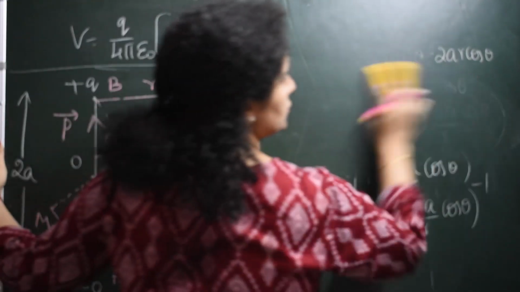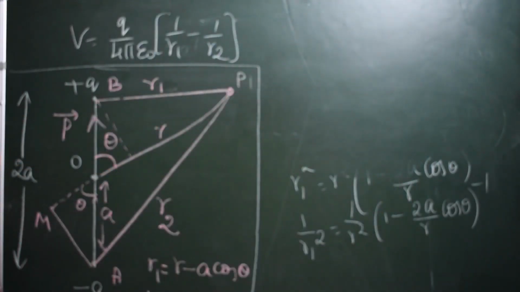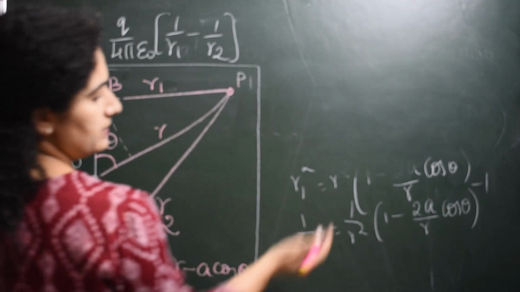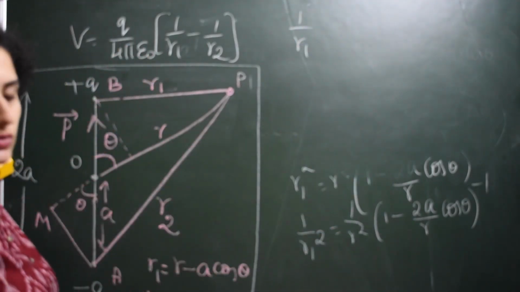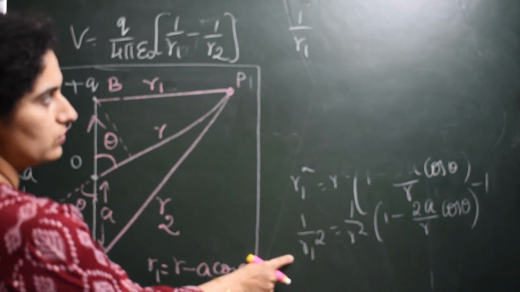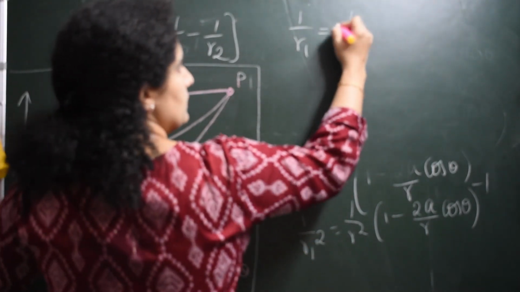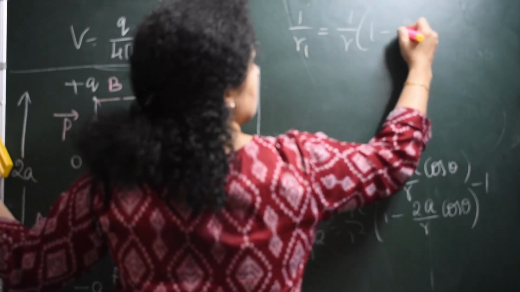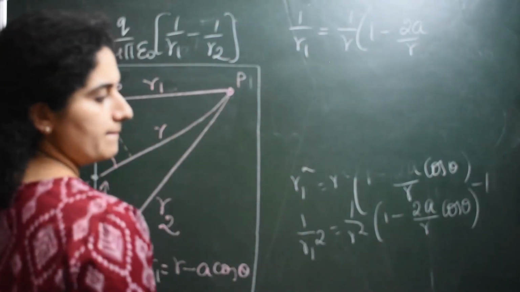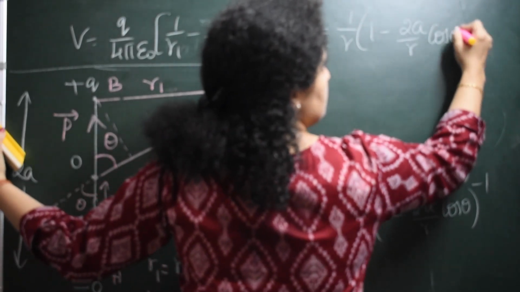All these steps show the simplification part. So we have 1 by R1. I will take the square root now. 1 by R1 is equal to 1 by R into 1 minus 2A by R cos theta to the power of minus half.